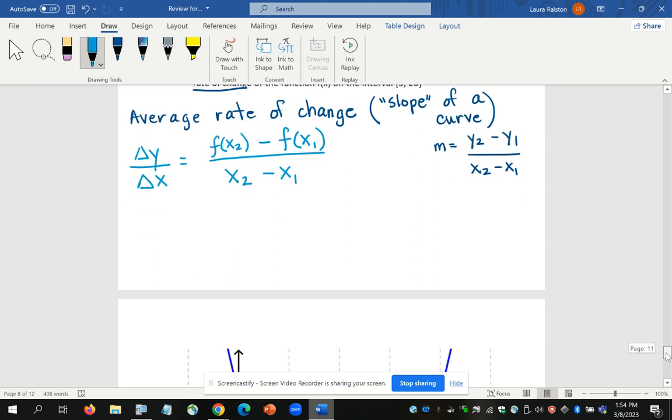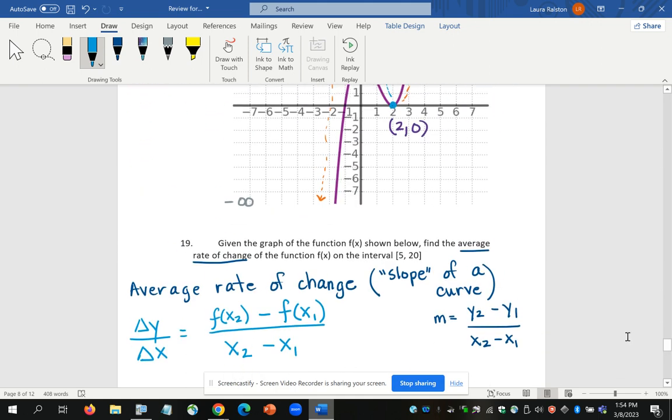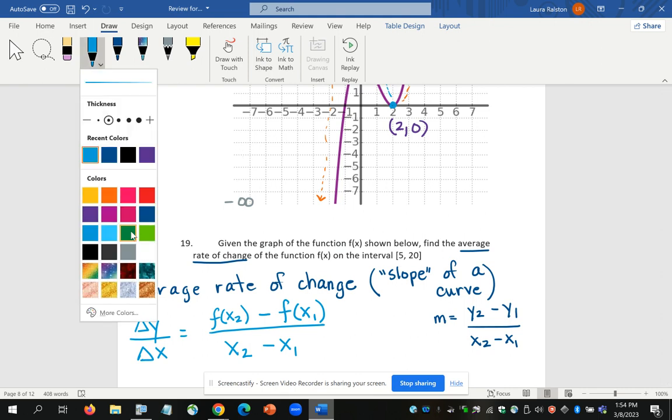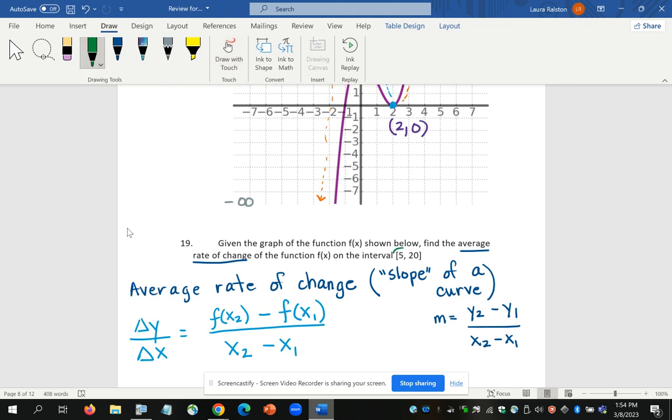And this first one says to find the rate of change on the interval from 5 to 20. Now remember, this doesn't specify it, but when an interval is stated, it's stated in terms of the x values.